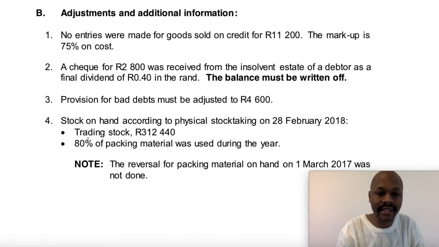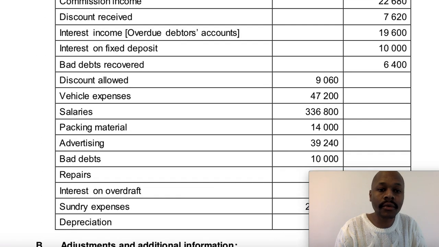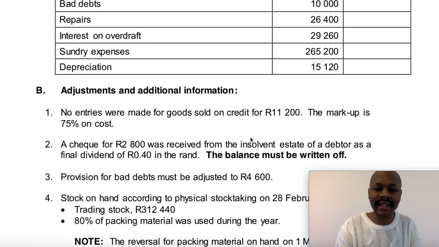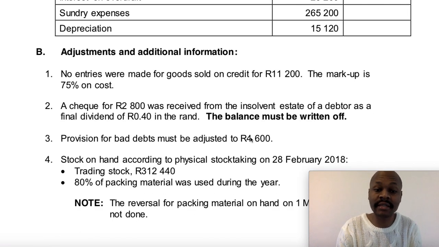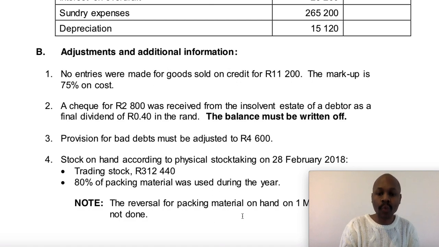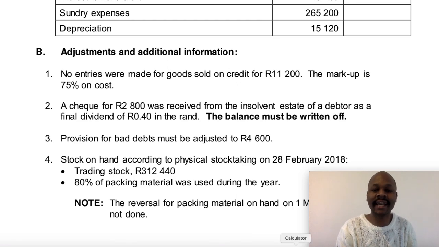So this right here, they say we also have packing material there 14,000. And they say 80% of packing material was used during the year. So you only used 80%. So in working out our packing material under operating expenses, what will we do?